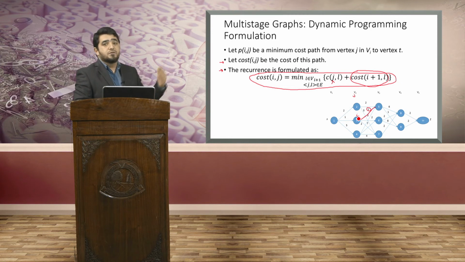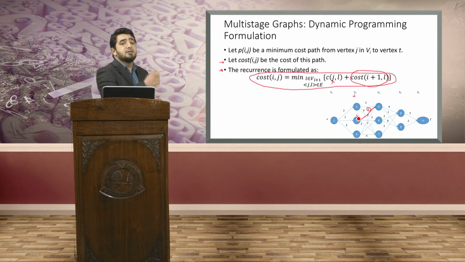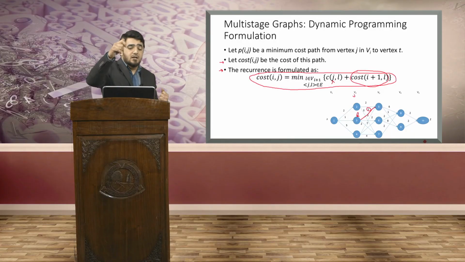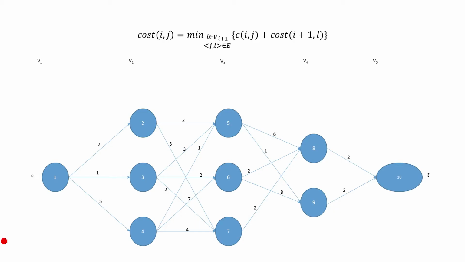The cost of selecting a particular node j in stage I can be obtained by taking the minimum of the sum of the edge from that node j to a node in the next stage, plus the cost that will be incurred in selecting that next node for going to the final node in the last stage. The same recurrence can be illustrated here.